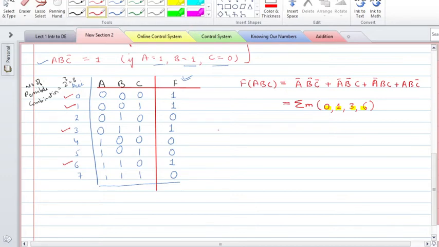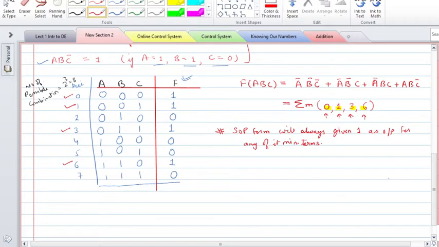This implies that SOP form will always give 1 as output for any of its min terms, as in the above case, at 0, 1, 3 and 6.